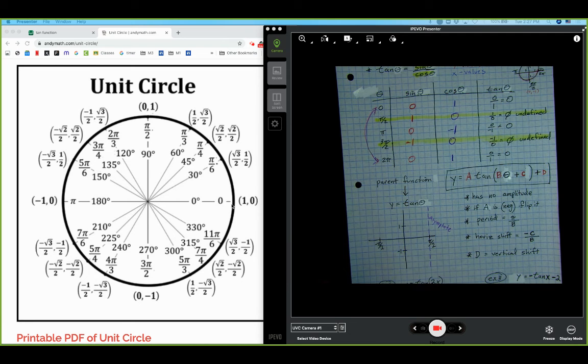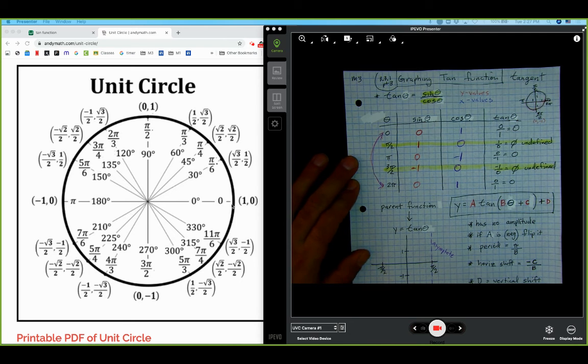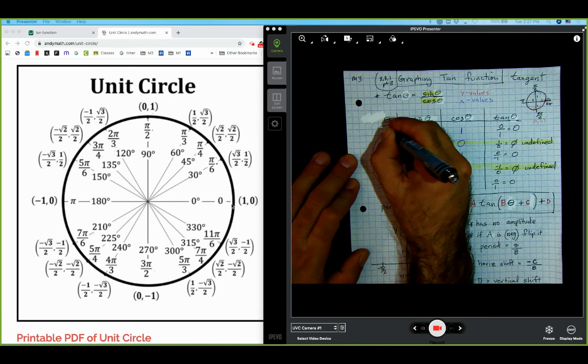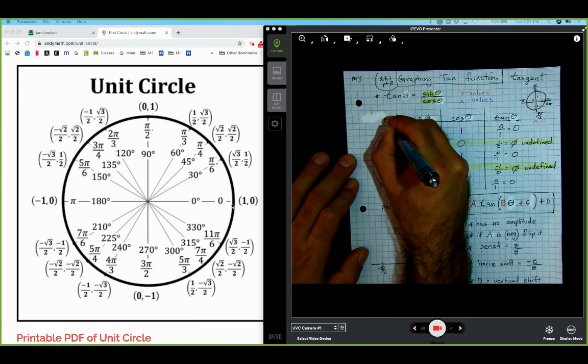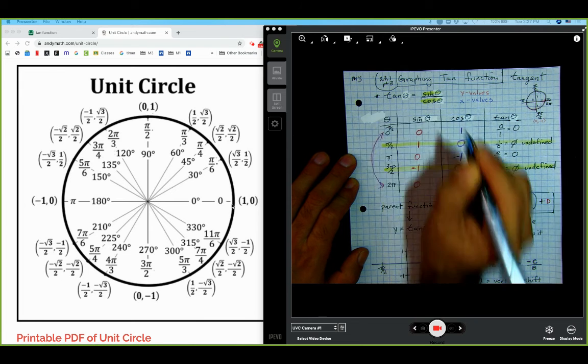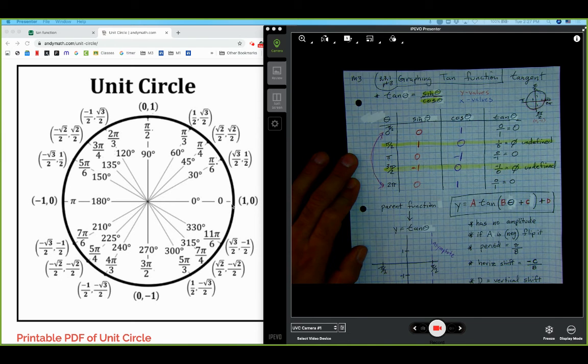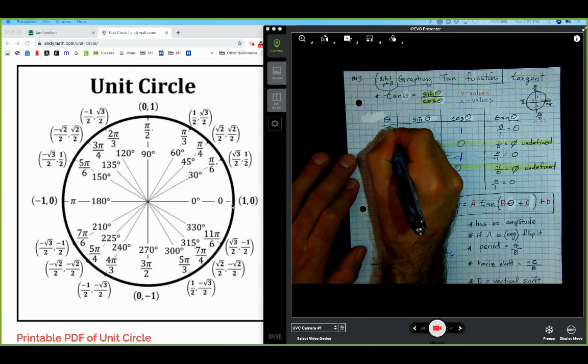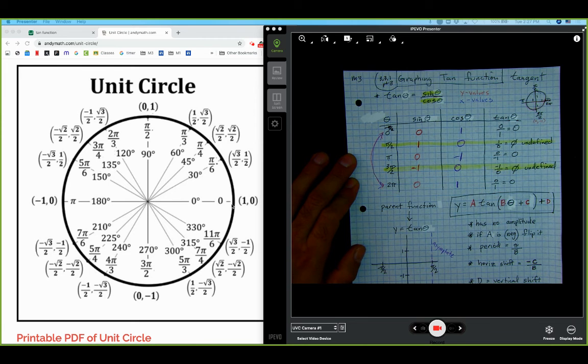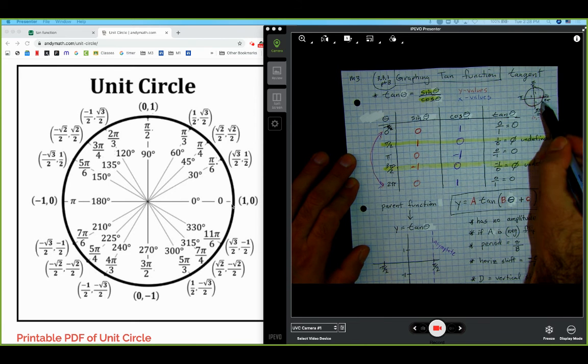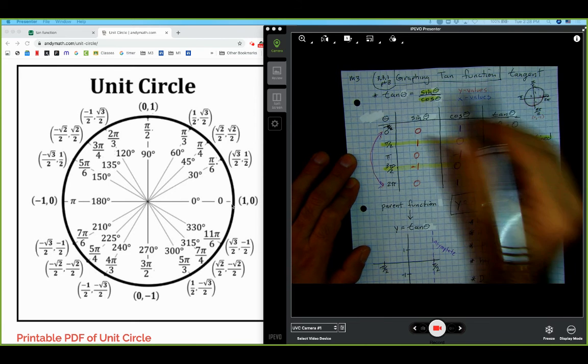And I want you to add a theta real quick. Let's add negative pi over 2, because I set this up a little bit less than perfect, which is fine. We're okay with being imperfect. At negative pi over 2, that's going down, I end up with negative 1.